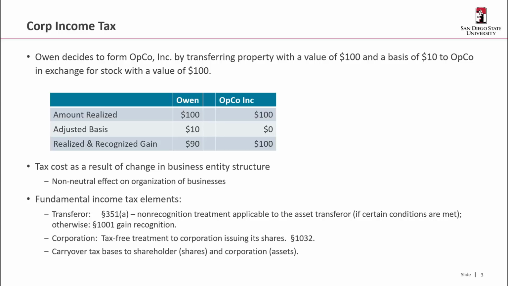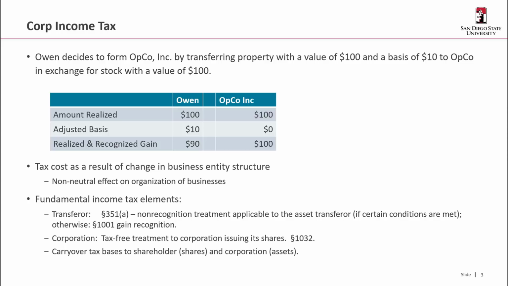Otherwise, there's gain recognition. And for the corporate side, there is tax-free treatment to a corporation that issues its own shares in exchange for cash or property. So what happens is the cost of that in general is that the tax basis is going to carry over for both the shares and the assets to the shareholder and the corporation.